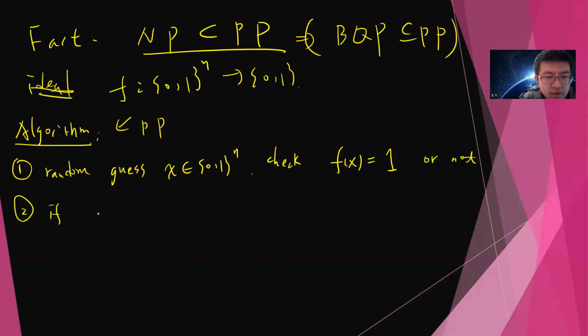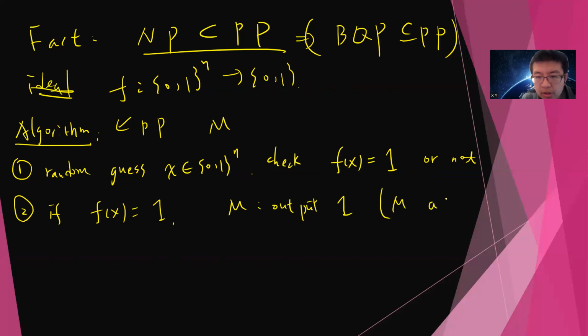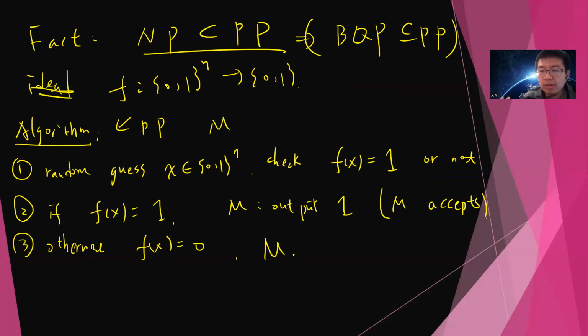Okay, if f(x) is 1, then our algorithm M just outputs 1. So M just accepts. Otherwise, that means f(x) is 0, then M does the strictly weird thing.